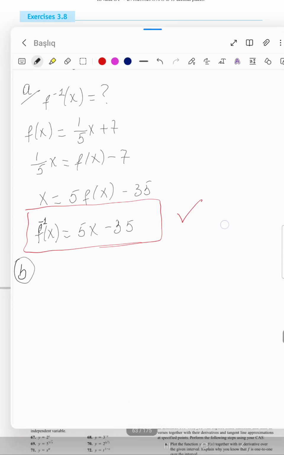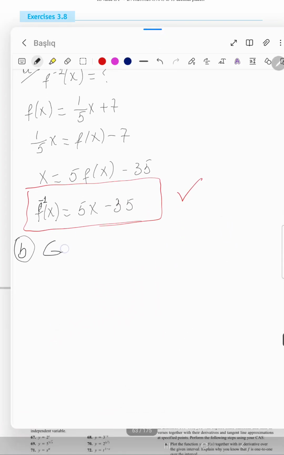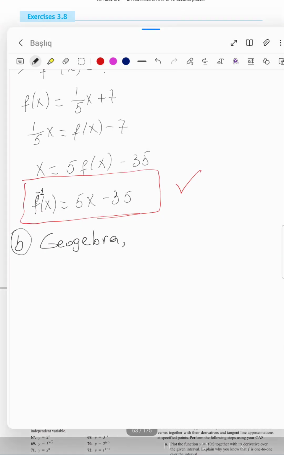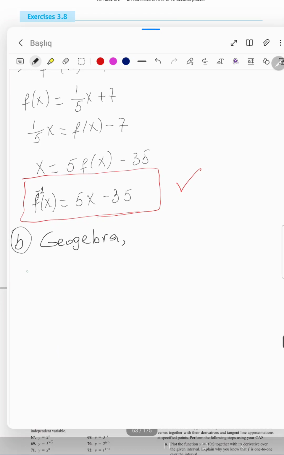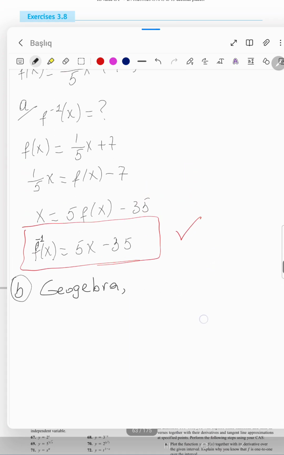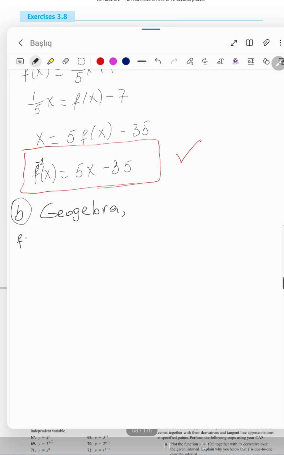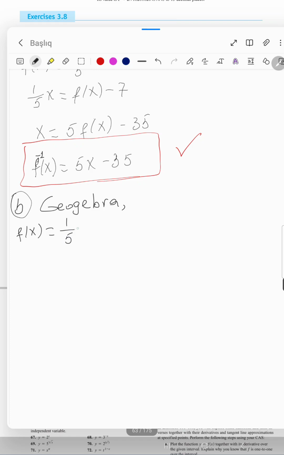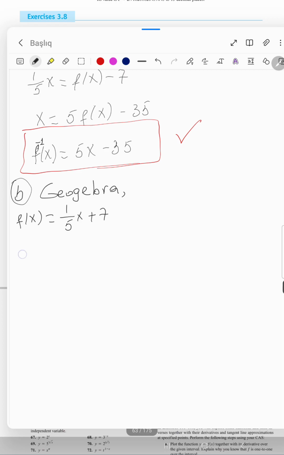Okay, let's try. You can use GeoGebra, or there are easy functions. Let's try to draw it. You can create tables first for f(x), which was 1 over 5x plus 7.